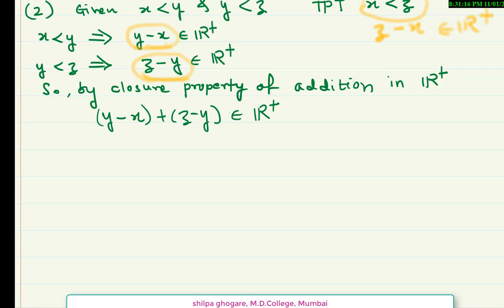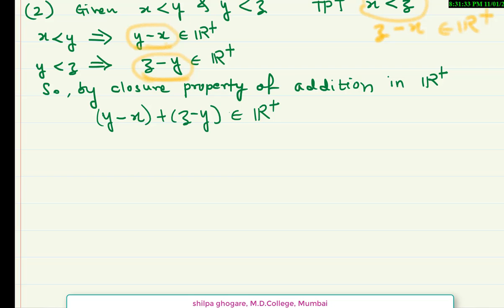In the first bracket I have one element in R plus, and in the second bracket I have a second element in R plus. Because of the closure property, the addition of these two elements of R plus again belongs to R plus.